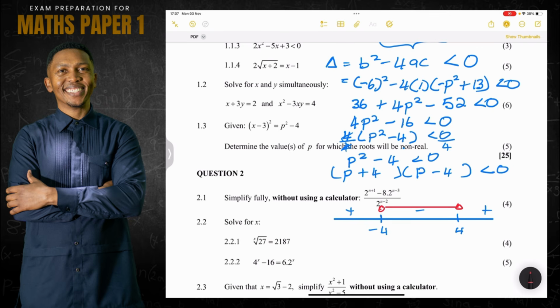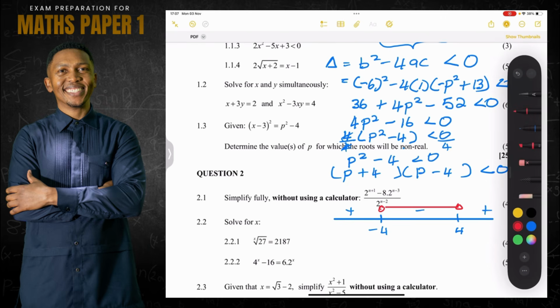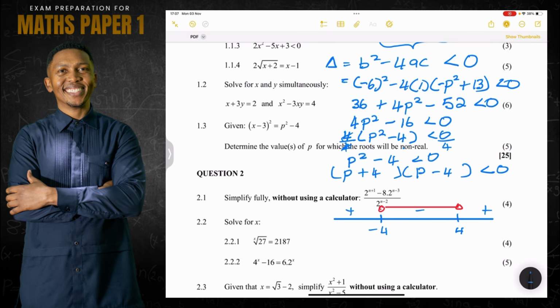Realize that I did not include my critical values because the graph is equal to 0 there. So p is an element of (−2; 2), or you can simply write it as p is greater than −2 and less than 2. And ladies and gents, that is really how the cookie crumbles.